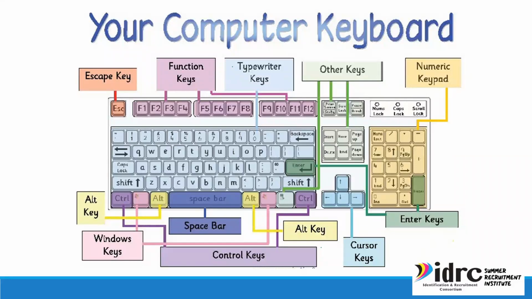So if we talk about the space bar as the bottom blue, purple, the control, very important if you don't usually use control, the escape key on the top left, all of these, if you need to refer back, you can always print this presentation and keep that on hand if your keyboard looks like this.